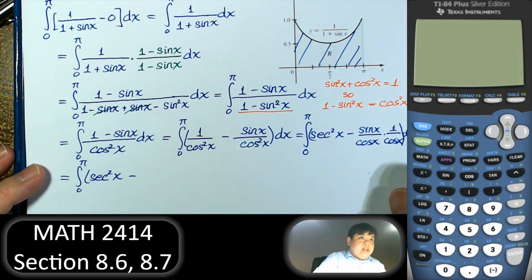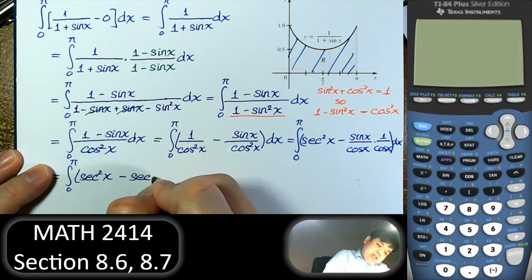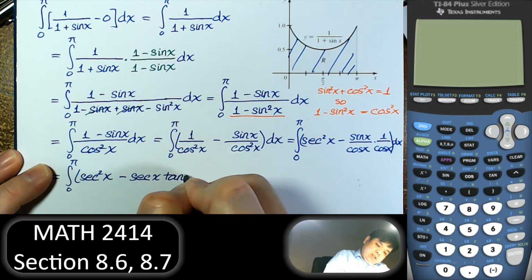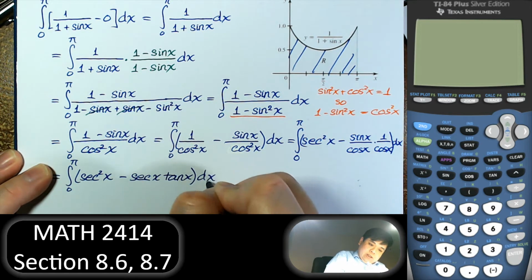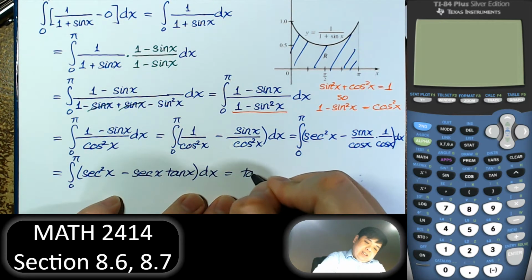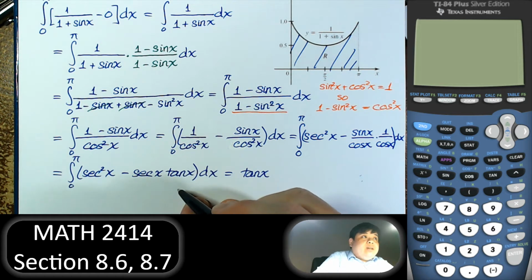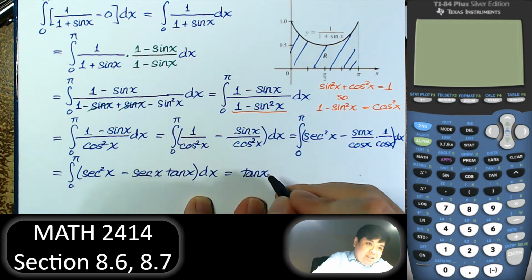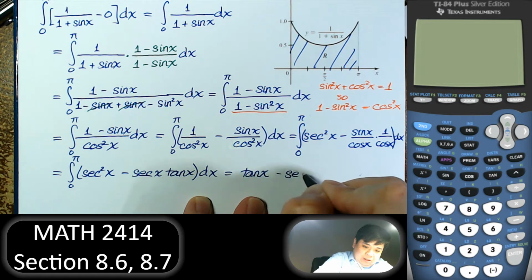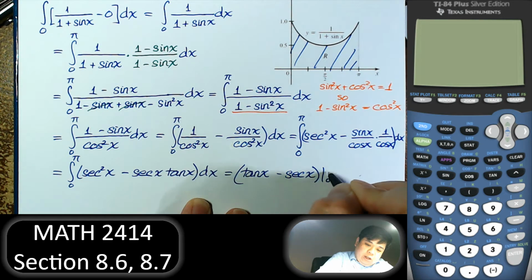Sine over cosine is tangent, 1 over cosine is secant, so we have secant tangent. Now, the integral of secant square is tangent, and the integral of secant tangent is secant. Go from 0 to pi.